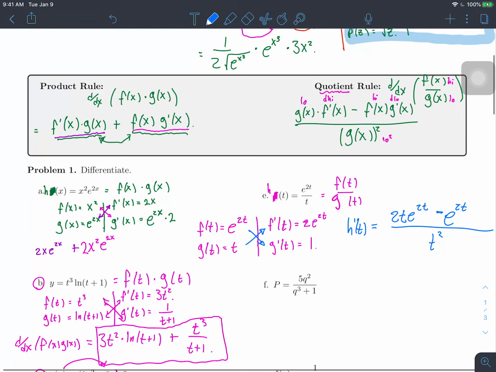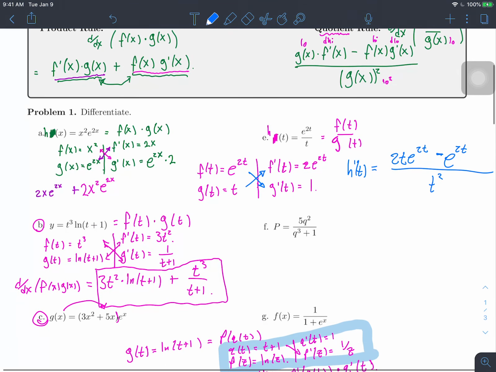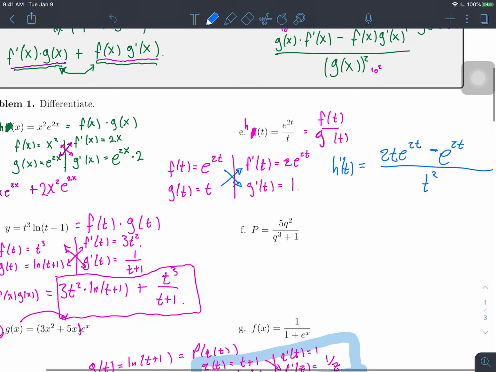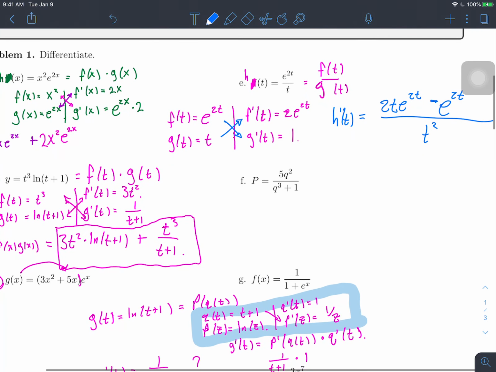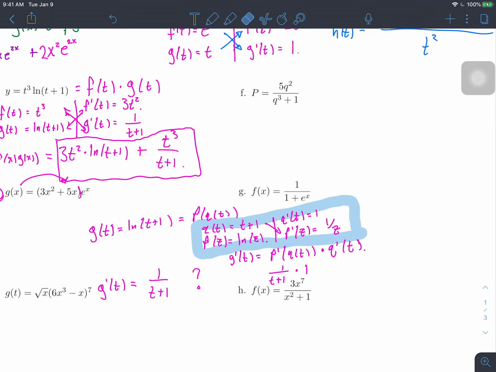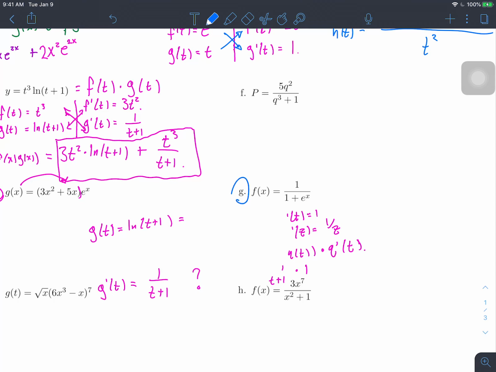Let's do one more example of the quotient rule. Let's do G. We'll have everybody practice it on their own first, and then we'll talk about it as a group. So we're doing the problem G here.